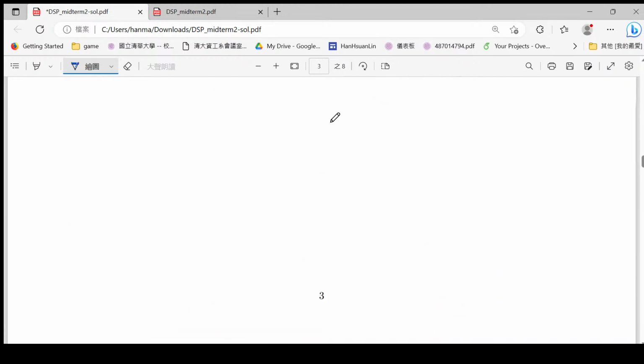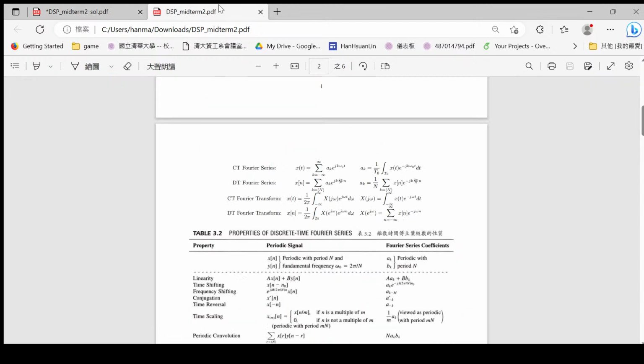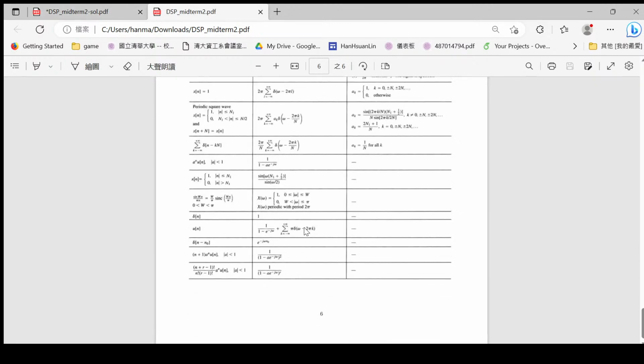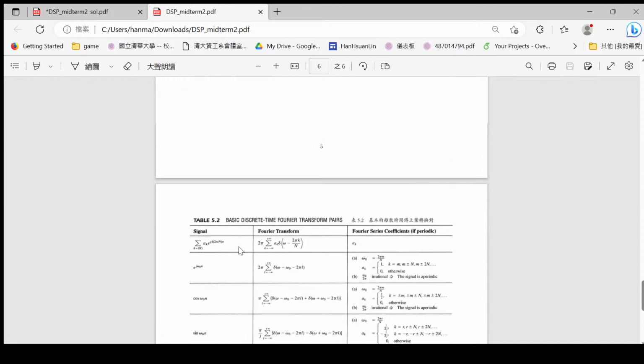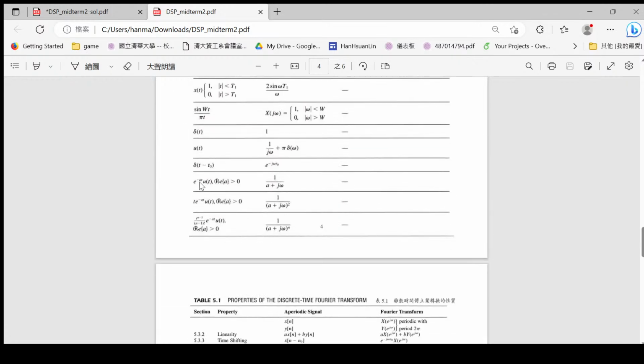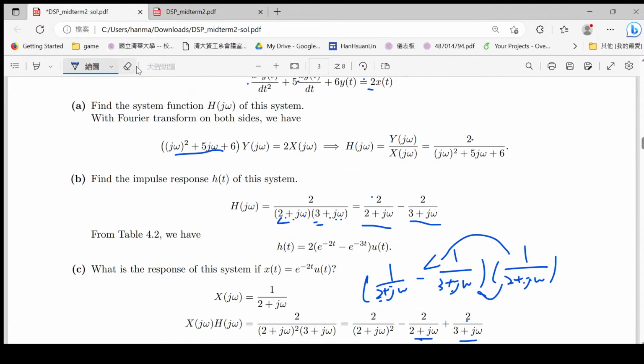We also have that in the table somewhere, here. No, it's the wrong table. 4.2, right? So yes, t e to the minus a t is this square thing. So it's also easy. Okay, and I believe that's it.